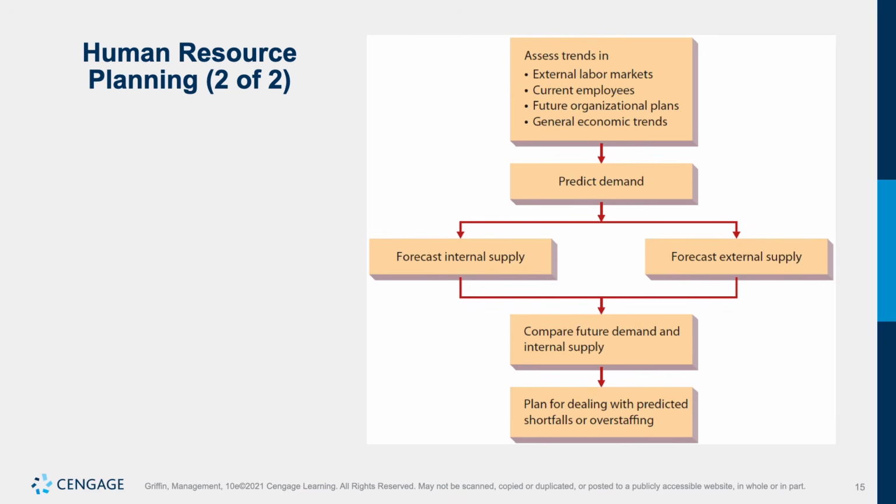That's why HR of an organization or a manager would want to check for or consider what your future organizational plans are, right? Also, you want to look at the general economic trends, because when the economy is bad, people are less likely to leave their jobs, right?